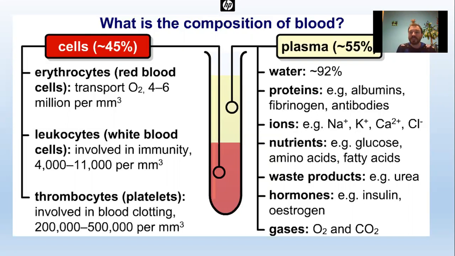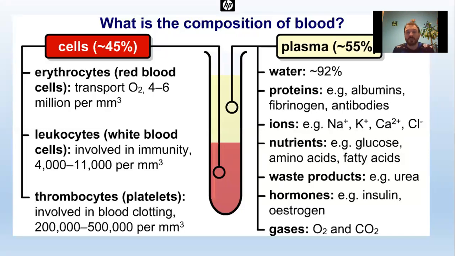You find important nutrients like glucose, amino acids and fatty acids that are the building blocks of larger biological molecules. You find waste products like urea and also some other proteins like hormones, for example, insulin and estrogen. And finally, it's obviously where gases like oxygen and carbon dioxide are also transported.